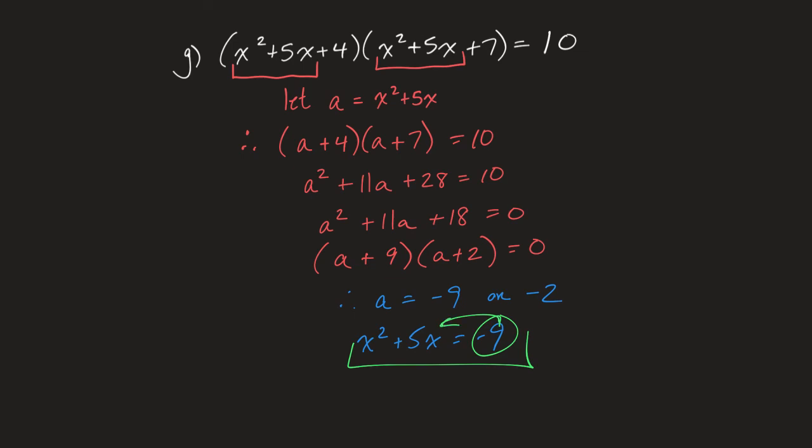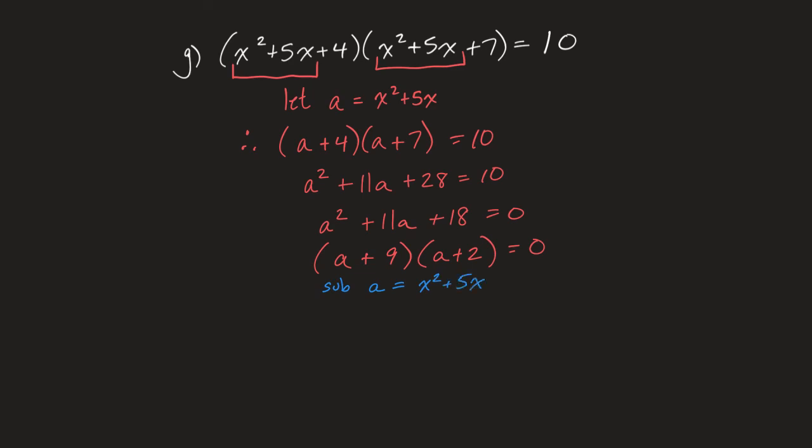So after seeing this process, maybe we can get rid of all that blue. And instead, let's substitute right now. We're going to sub back in our a value, which is equal to x squared plus 5x. Because that is going to give me an x squared plus 5x plus 9 factor and an x squared plus 5x plus 2 factor.